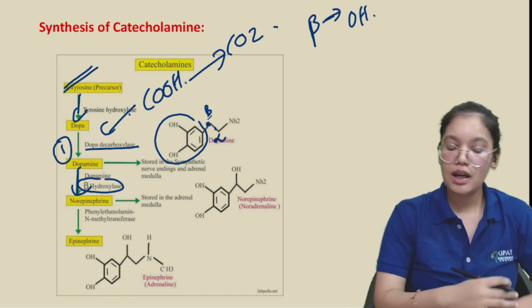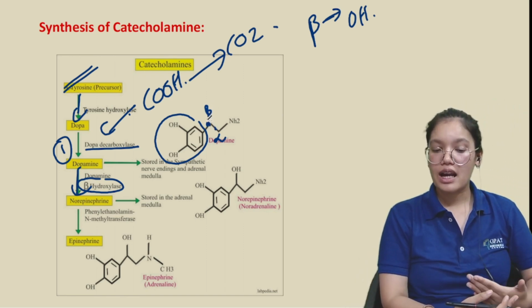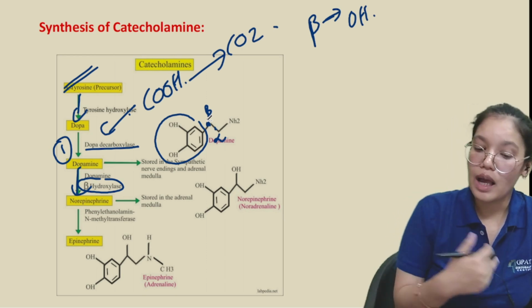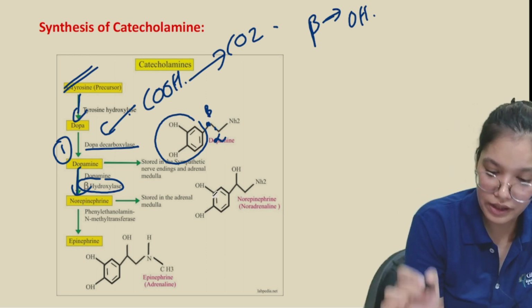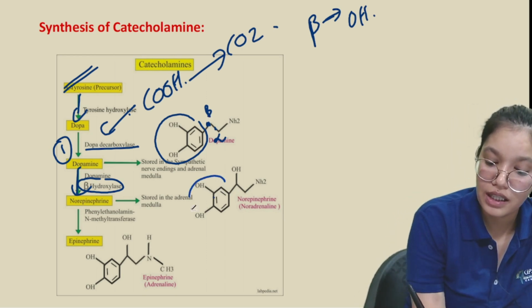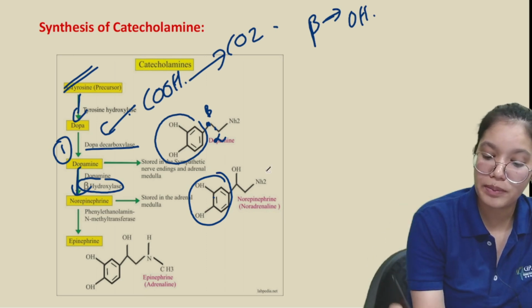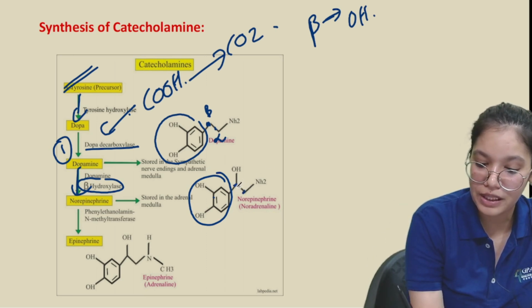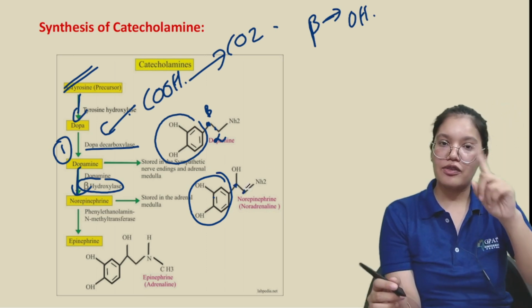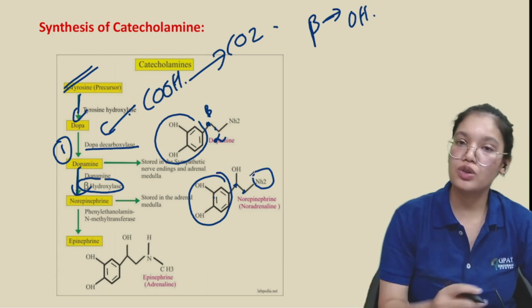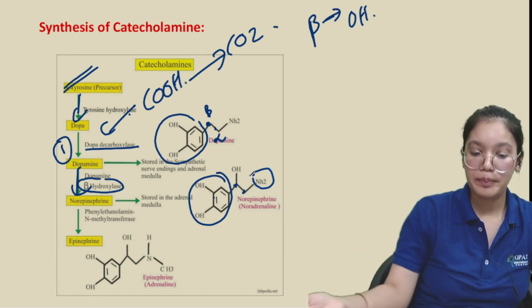Here at the beta position, if an OH is added, that becomes norepinephrine. Here is the structure of norepinephrine: a catechol ring just like dopamine, then an ethyl bridge, at the beta position we have OH, and again NH2 attached to that ethyl bridge.